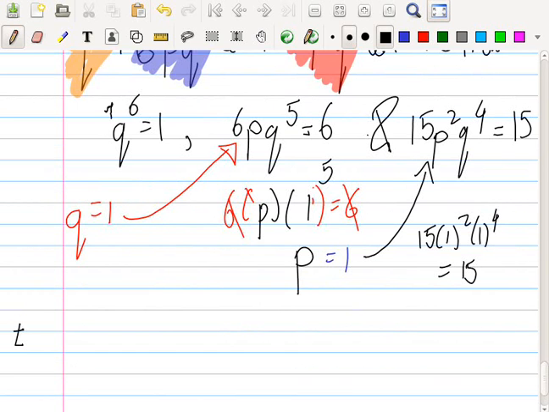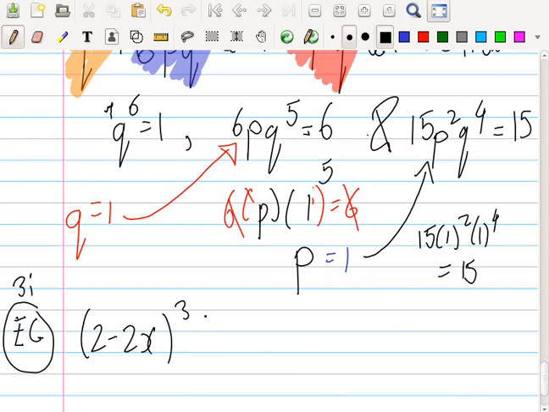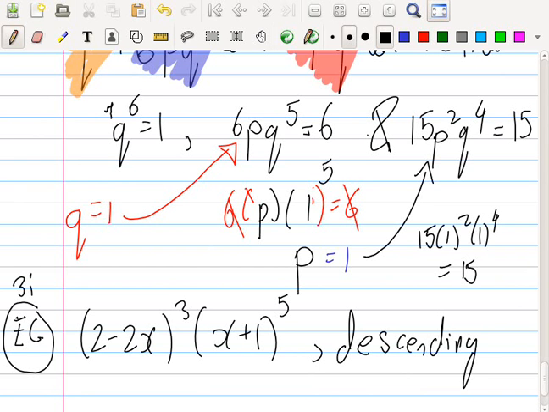So you have 2 minus 2x cubed times x plus 1 power 5. And just like before, I want this time descending, but also I want 3 terms like before.